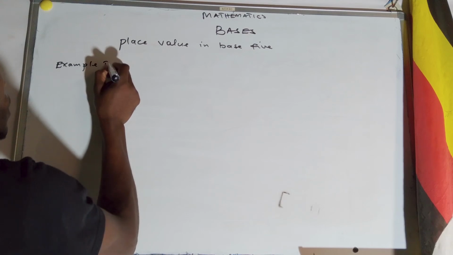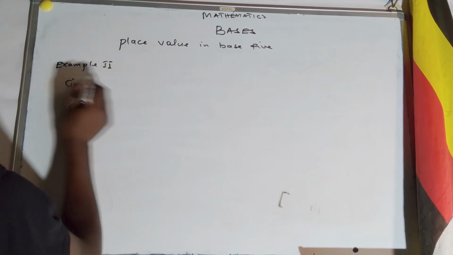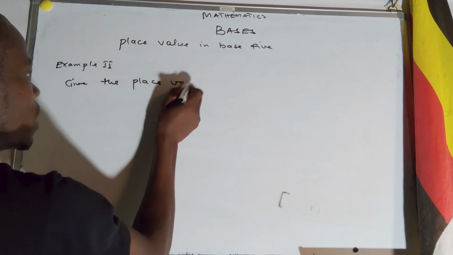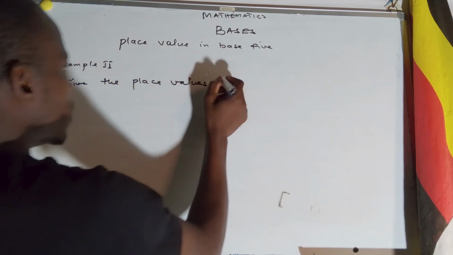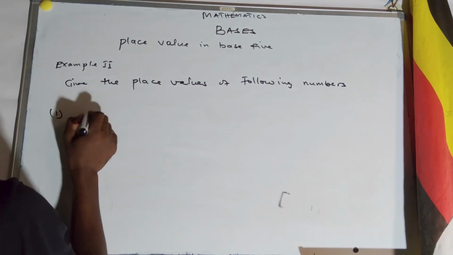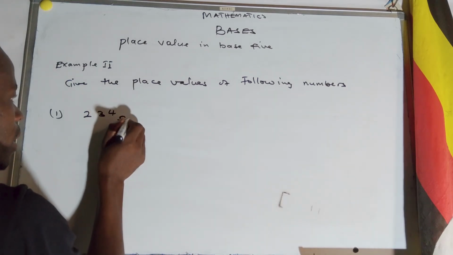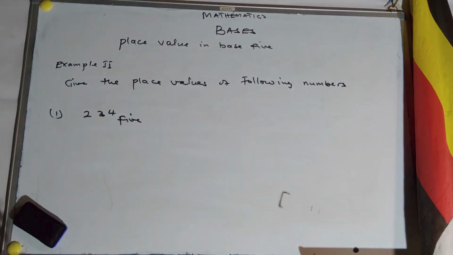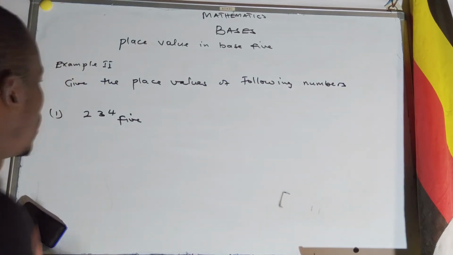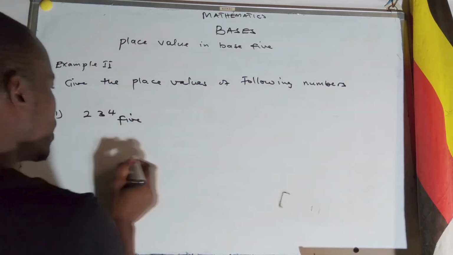Example 2. Give the place value of the following number 1 2 3 4 base 5. So remember how we did the previous example. When they give you to look for the place values in bases, just write solution here.